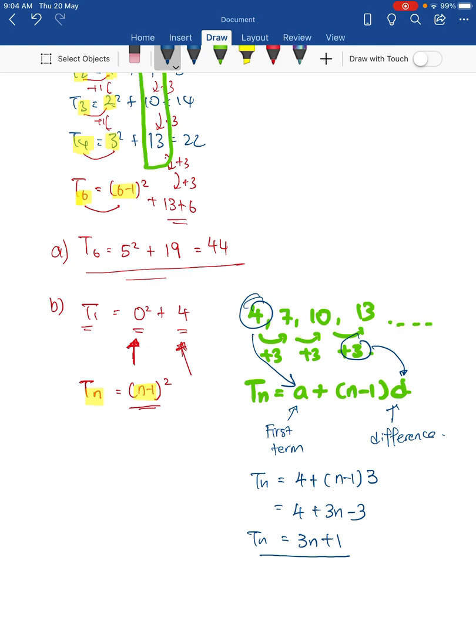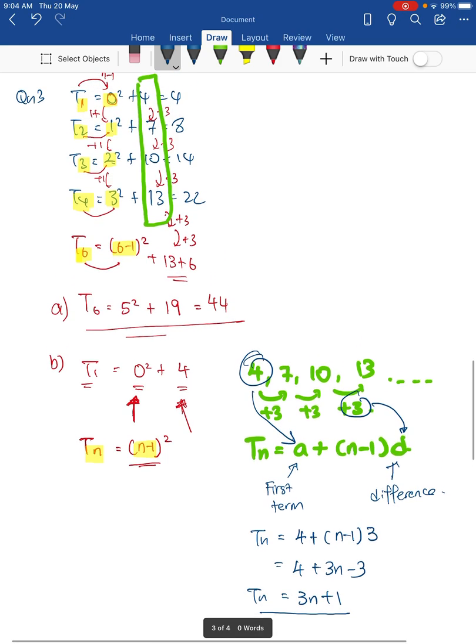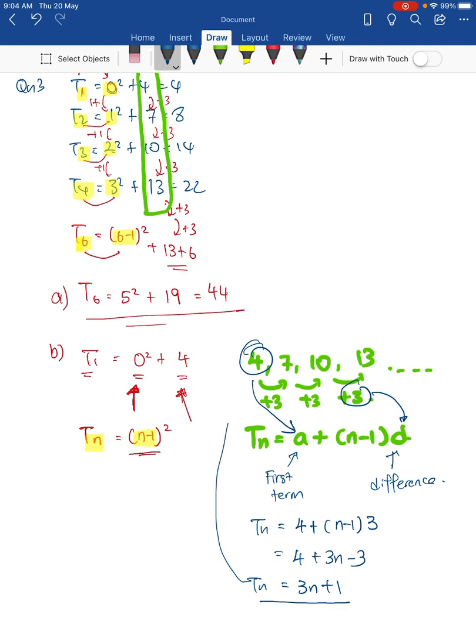So this is the pattern just for this sequence, which is the second part of this equation. So for the second part, we have to put in 3n plus 1. That will be the second number that we have.